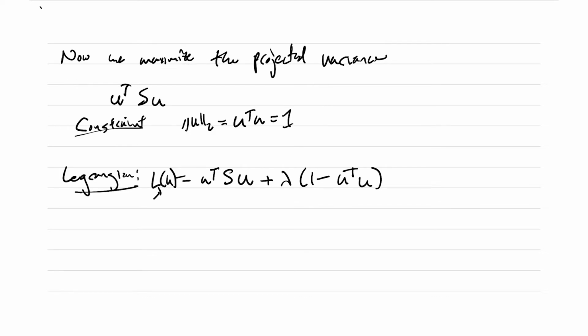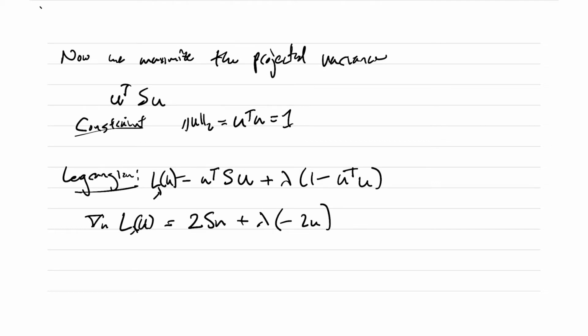And so if I take a look at the partial derivative with respect to u, the gradient with respect to u of L(u, lambda), what I end up getting is 2S times u plus lambda times negative 2u, right?